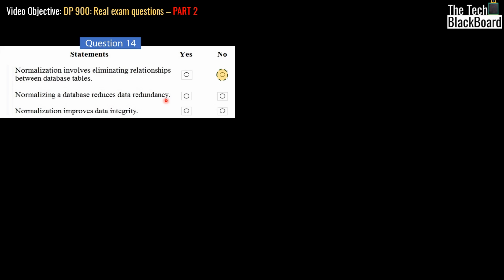What is this normalization? Just to understand the normalization process, let me give you an example. You're building an application that stores your daily sales transactions, right? So in this, what will you have? You will have information about the items you have sold.